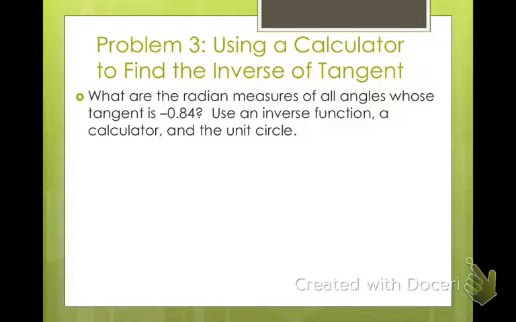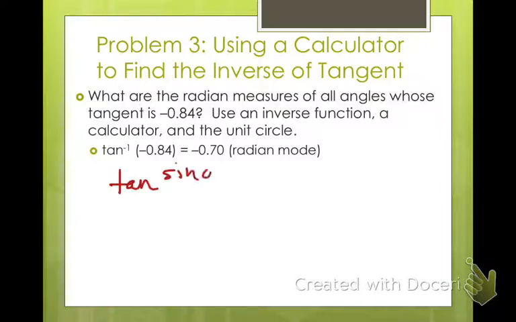To find the inverse of tangent, we want to look at the tangent inverse of negative 0.84. If you just plug it into your calculator, you get negative 0.7. Remember to make sure you do it in radian mode. Now, let's think about tangent. Tangent means sine theta over cosine theta.